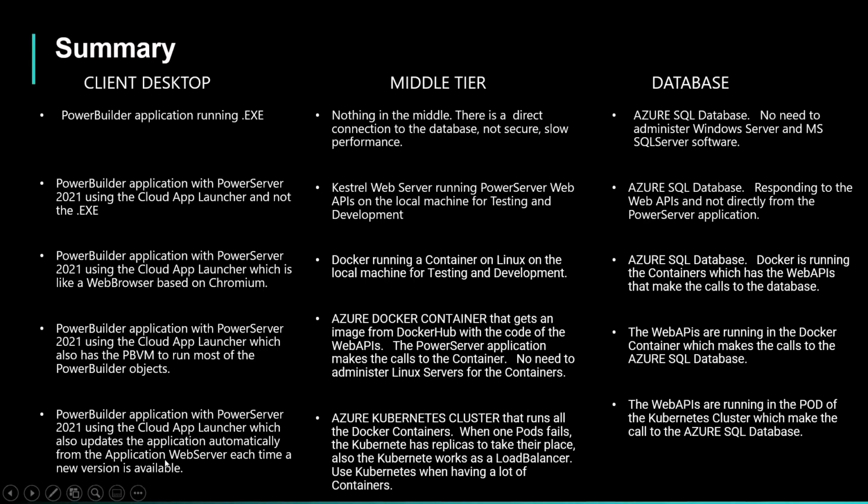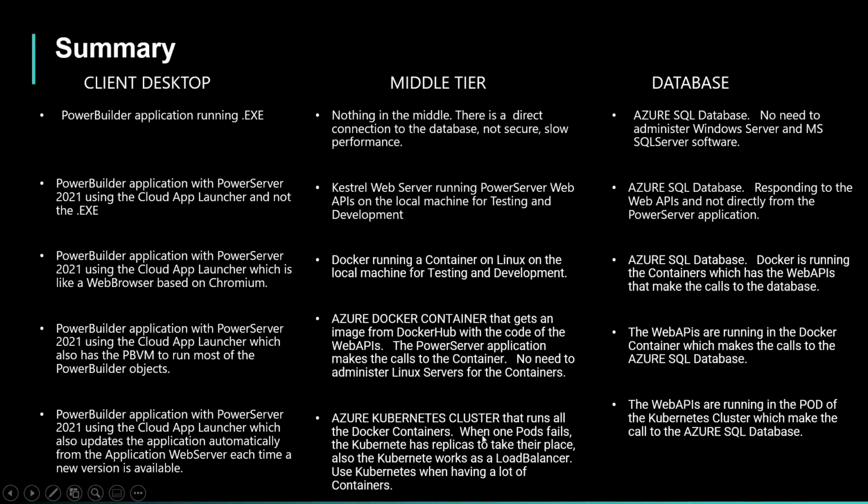So we have a web server which, when we compile the application, it goes there, and all the users, when they load the application, it checks for the latest version, and if we have a new version, it automatically updates. So in the middle tier, we created the Azure Kubernetes cluster that runs all the Docker containers.